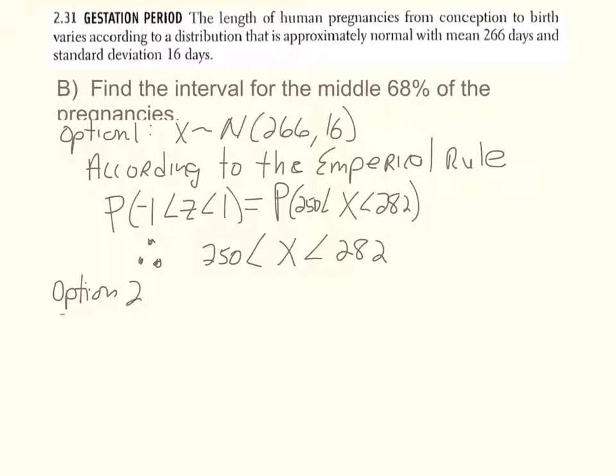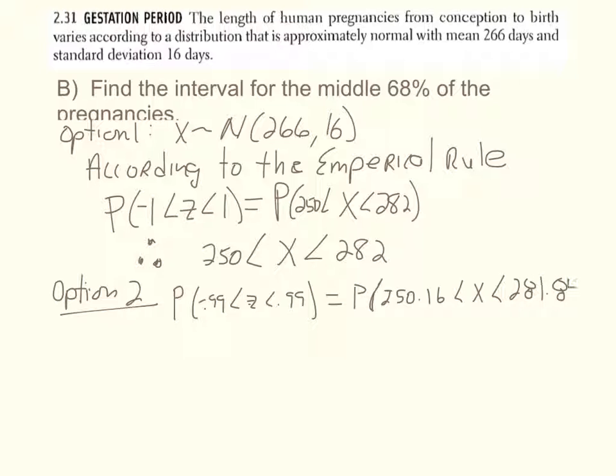So for option 2, what you could say is go to Table A, and your middle 68% actually corresponds to a z-score between negative 0.99 and positive 0.99, which is equivalent to X being greater than 250.16 and less than 281.84.